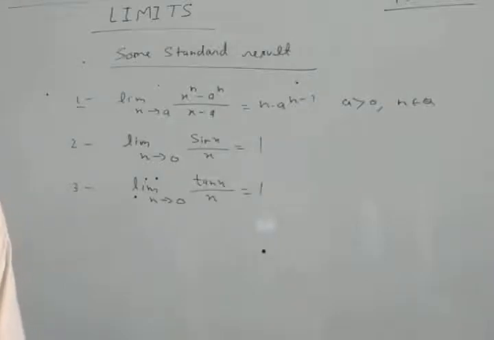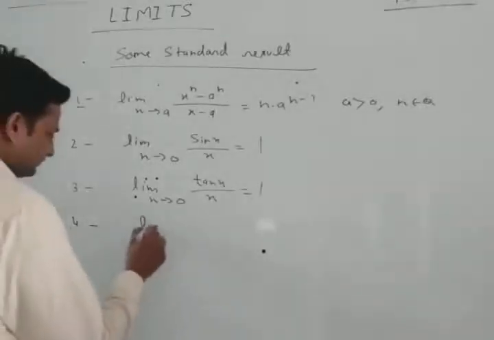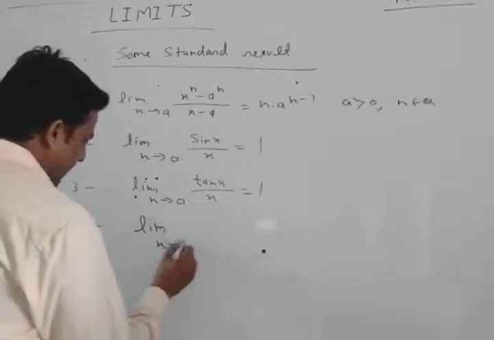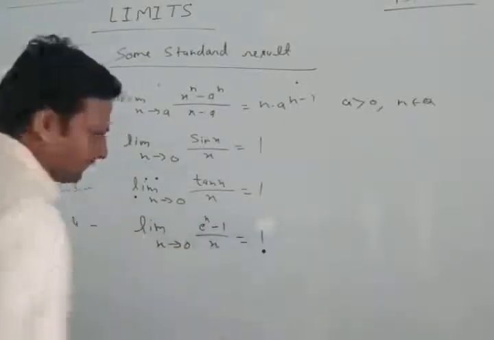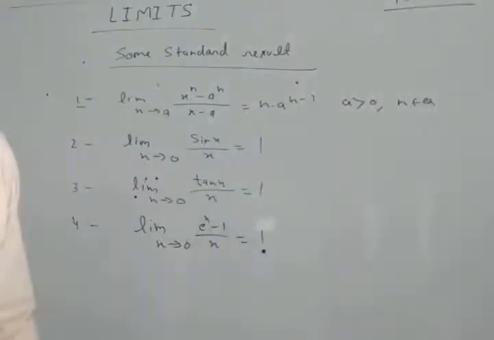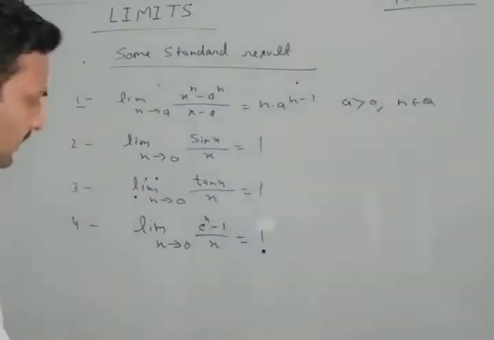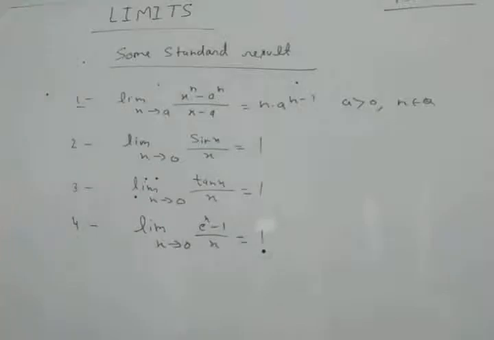Okay? Next, limit x tends to 0 e to the power x minus 1 by x is equal to 1.